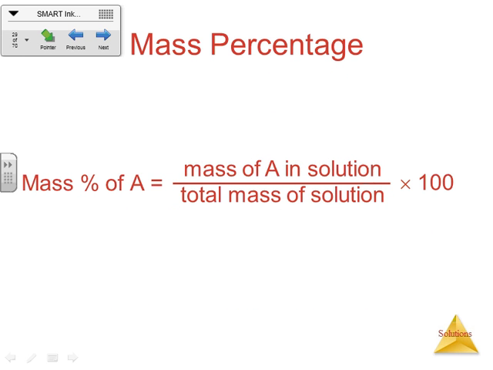So the first one is a mass percentage. Now we've kind of talked about mass percentages too. What was the context that we've talked about mass percentages? You guys remember? It's been a long time, actually.